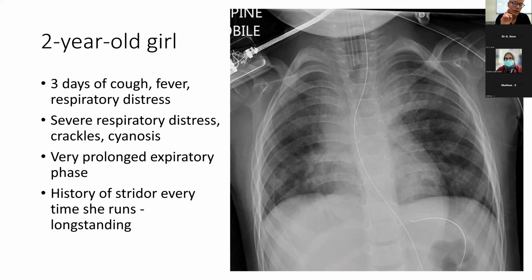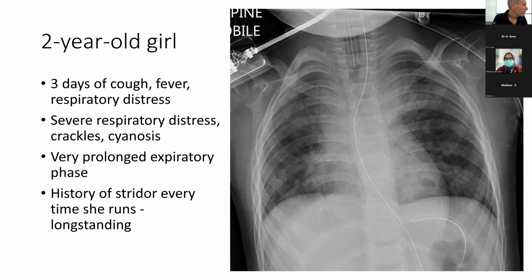What else could cause acute on chronic airway obstruction or an acute on chronic airway problem? Laryngomalacia is one. What else? Croup. Yeah, good. Croup could do it, although croup usually occurs with a viral infection.